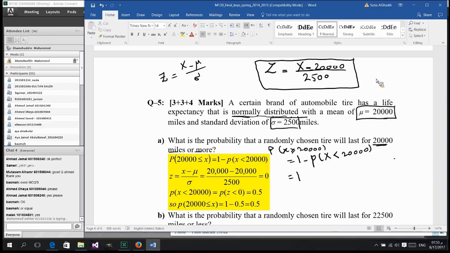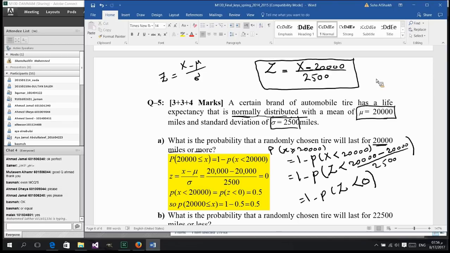The table gives me for z, not for x, so I need to change this to z, and this will be 20,000 minus the mu, which is again 20,000, over sigma, which is 2,500. So 1 minus the probability of z less than 0.